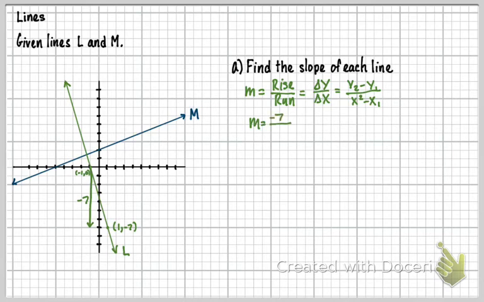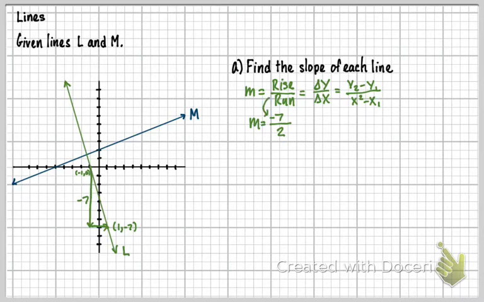Then I'm going to go to the right, 2. Going to the right is positive. If I was going to the left, that would be negative because that's my negative X direction. And my Y direction, since I'm going down, is a negative Y direction. So my slope is -7/2. Now, that's just using this idea of rise over run.